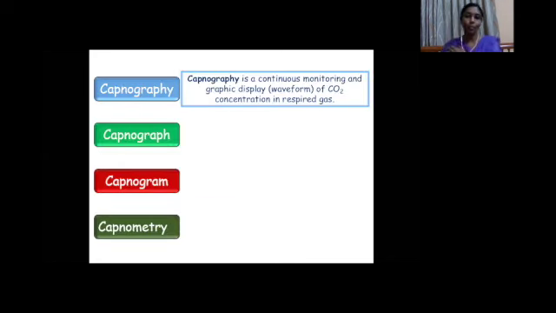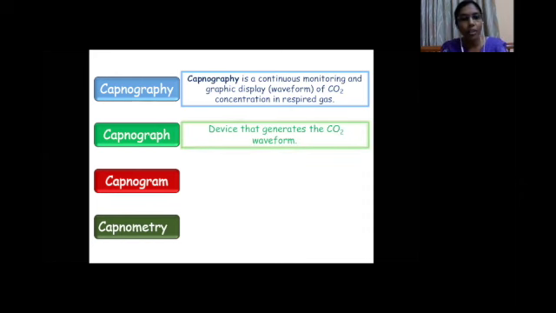Then coming to a few terminologies which the examiner may be interested in: what is capnography, what is capnograph, what is capnogram, and capnometry. Capnography is the continuous monitoring and graphic display of carbon dioxide concentration in respired gas. The device that generates the carbon dioxide waveform is the capnograph.